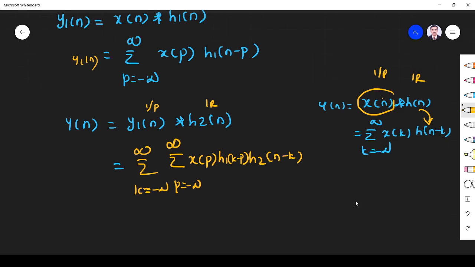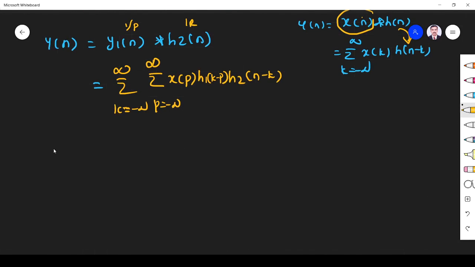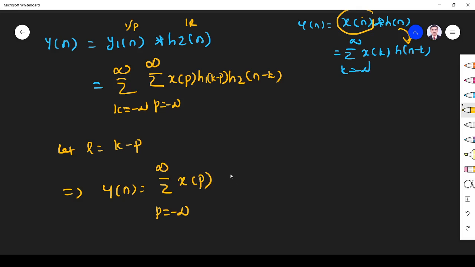Now we manipulate this equation. Let l be equal to k minus p. This indicates y[n] is equal to the summation. I am going to work with l and k. So p will be a constant factor; I take it outside. p varies from minus infinity to plus infinity, x[p].